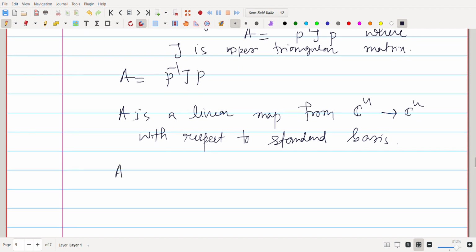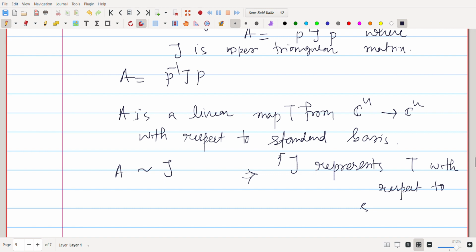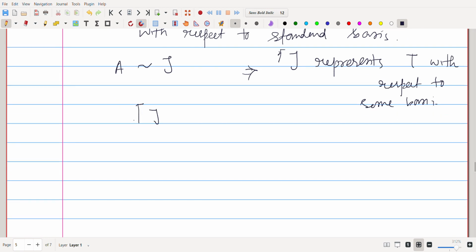Now if A is similar to J, that will imply J represents, say this linear map is T, represents T with respect to some basis B. Okay.